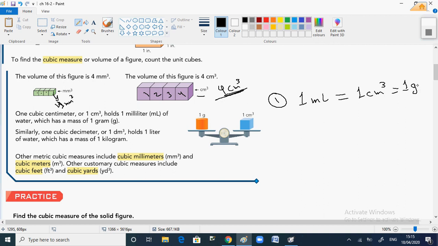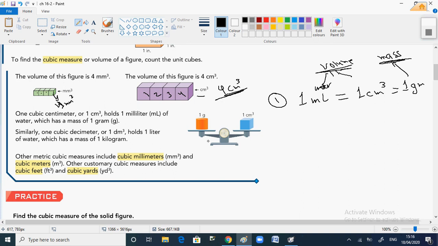This is volume, and 1 gram is mass. So 1 milliliter volume of water or liquid, 1 centimeter cubed, is equal in volume, and the mass is 1 gram. So 1 milliliter is 1 centimeter cubed and 1 gram.